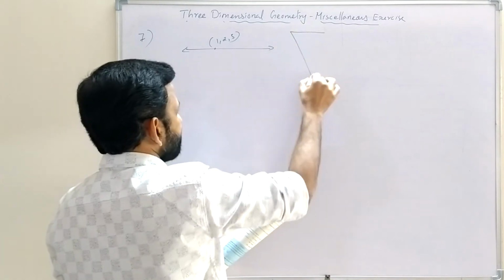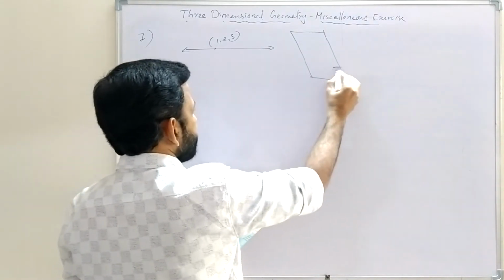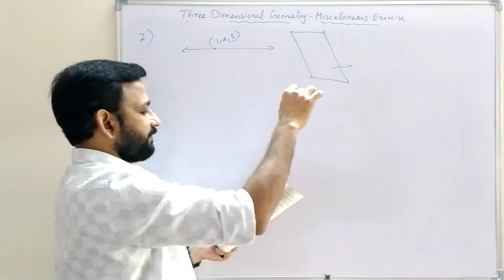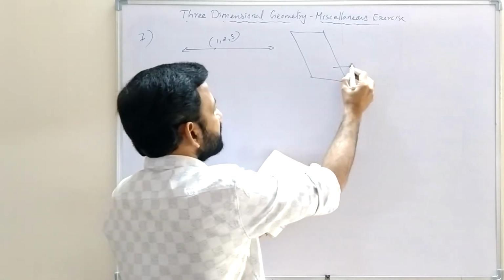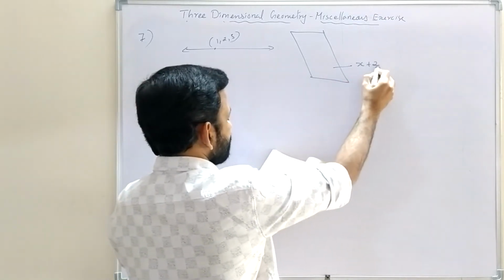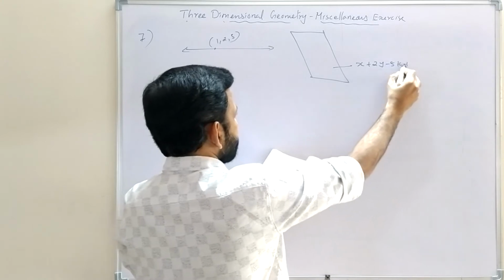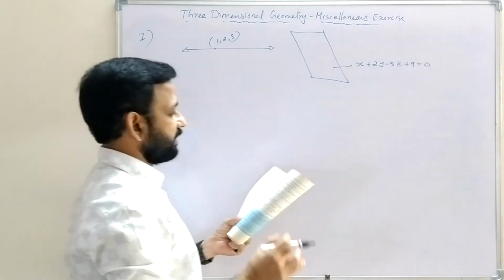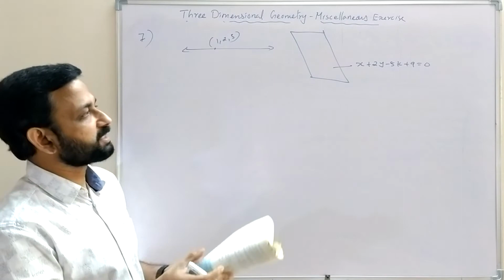The equation of that plane, given in vector form, we can write in Cartesian form. So that is x plus 2y minus 5z plus 9 equals 0.